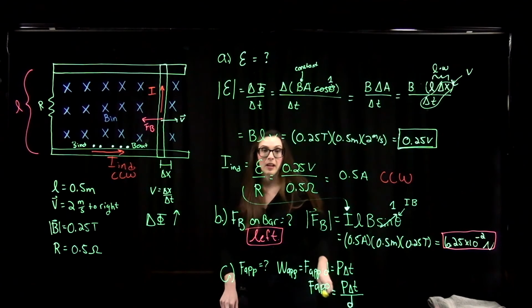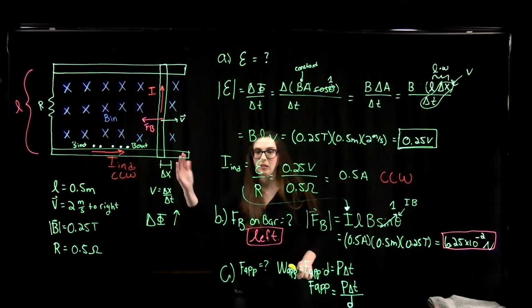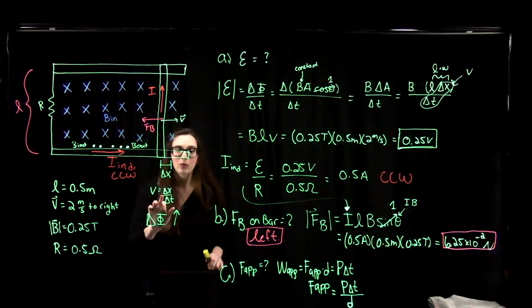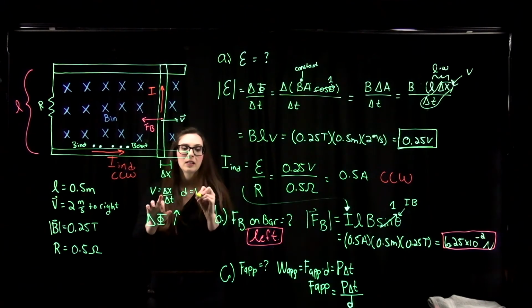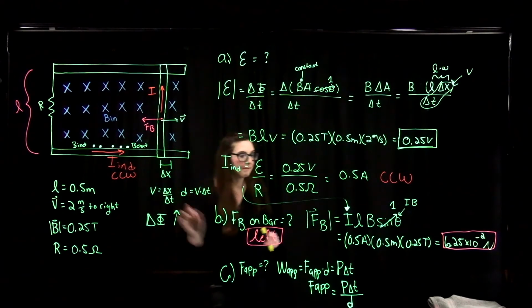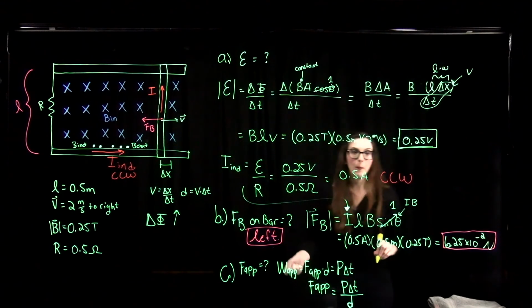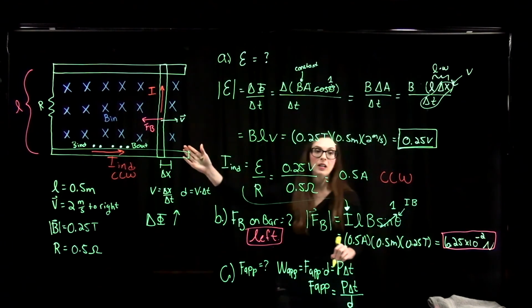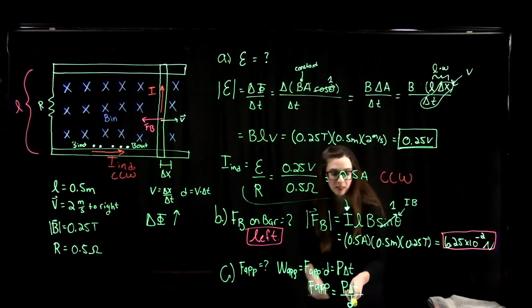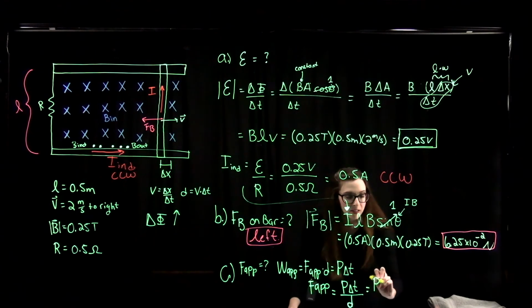This distance that I have to pull in this direction, earlier we said v is equal to delta x over delta t, so we could solve this for distance. Distance is equal to a speed times the change in time, all right? So this distance that I'm pulling on that rod to move it to the right, we could also write as v times delta t.